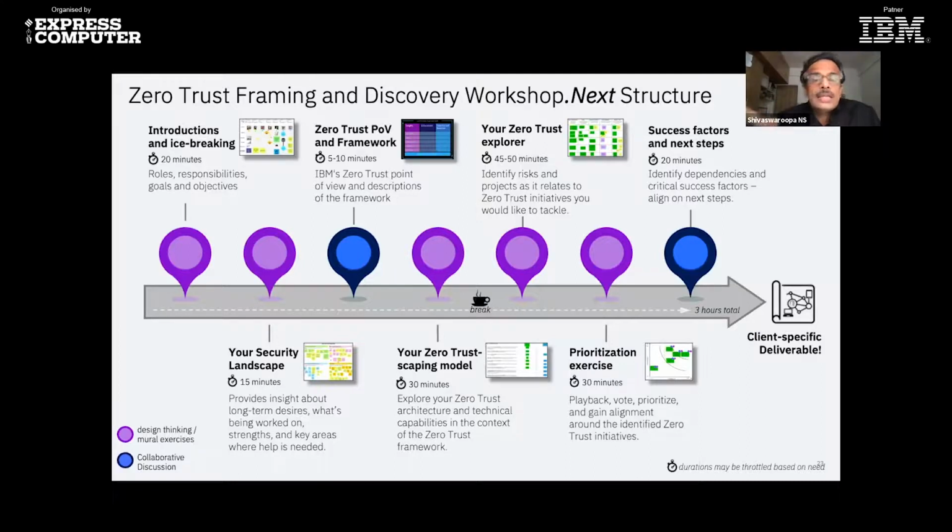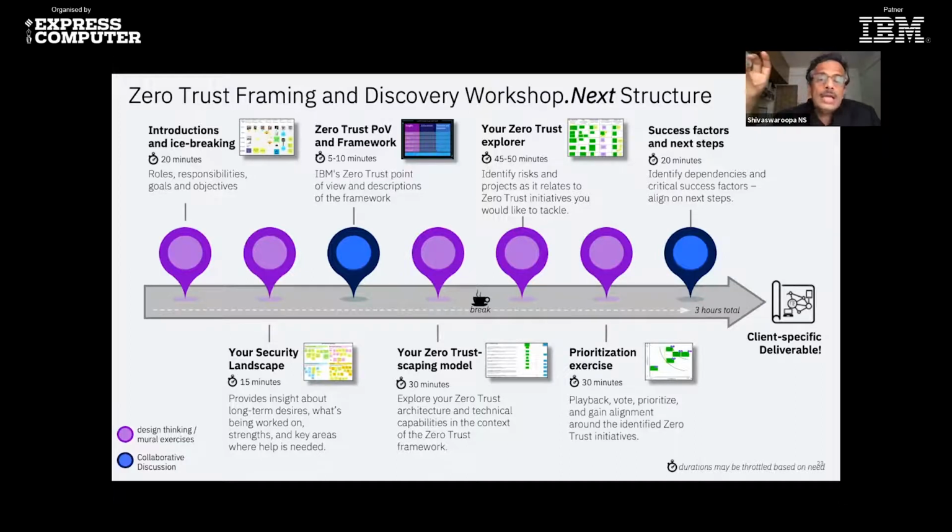When I say security landscape, it includes both the engagements that are in flight and the engagements that are already operational. We will then benchmark this, or let's say we do a comparative analysis with the zero trust POV and the framework that Tushar spoke about, to see where it really overlays on the zero trust journey. And then we will look at how we can apply that framework to your enterprise, in terms of architecture and technical capabilities and all of that.